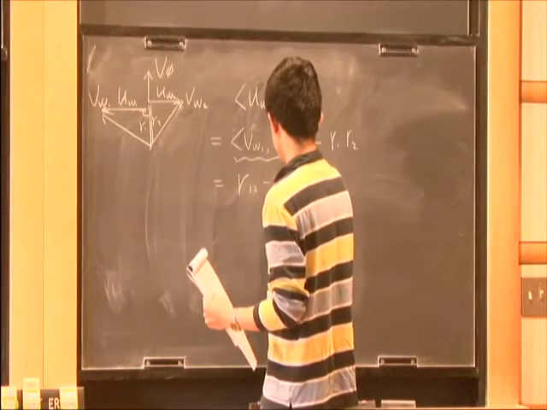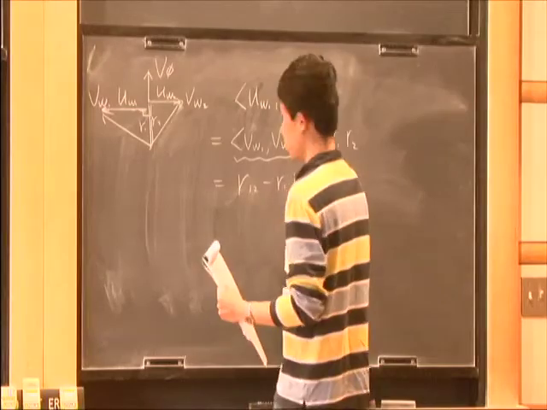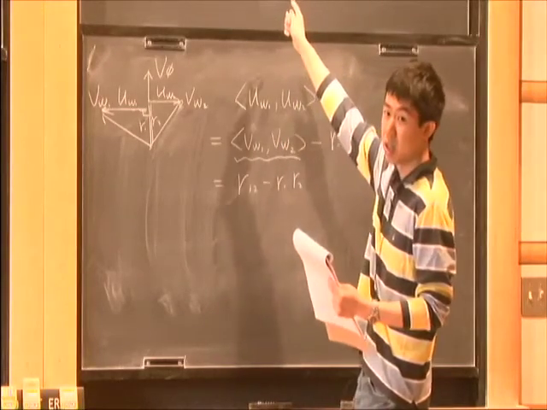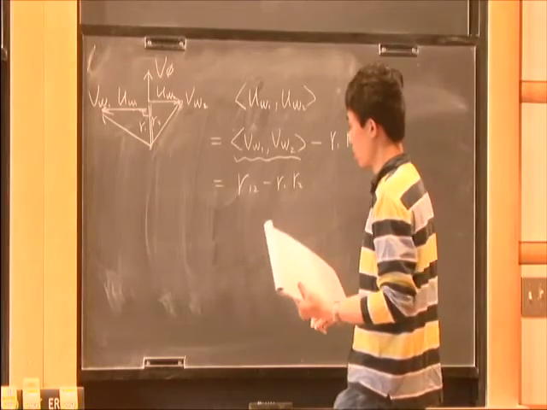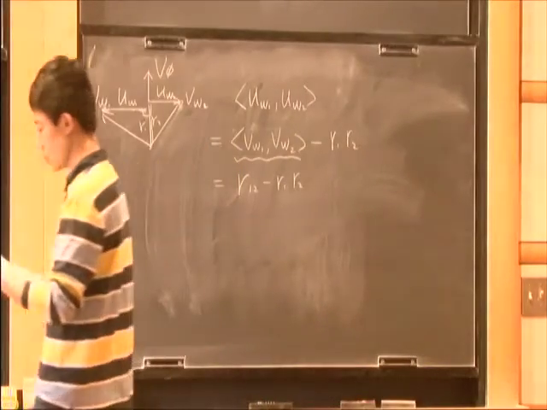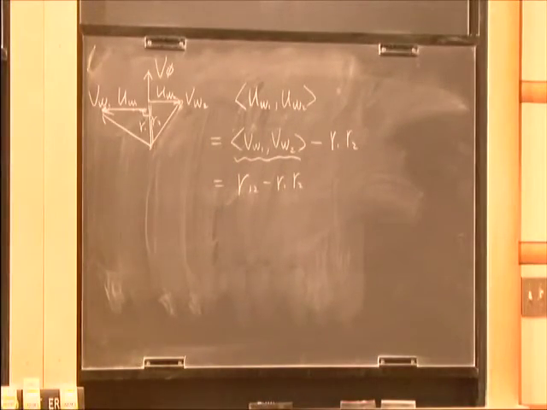So it's R12 minus R1 R2, exactly equal to that. So we shall define the correlation of W1 and W2 to be the inner product of UW1, UW2 squared.